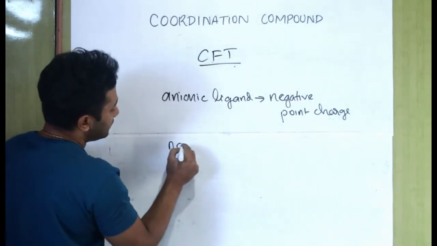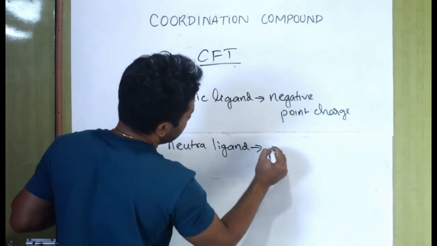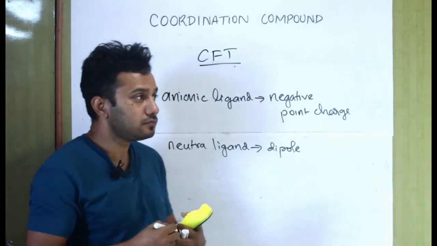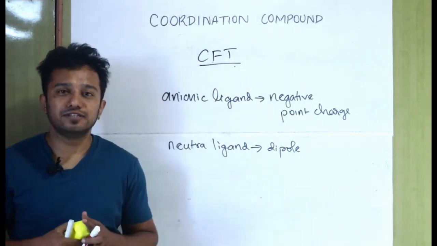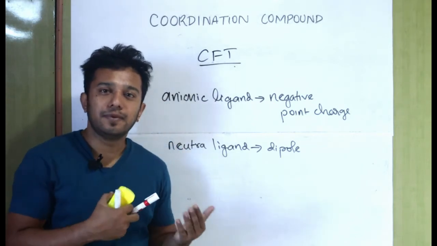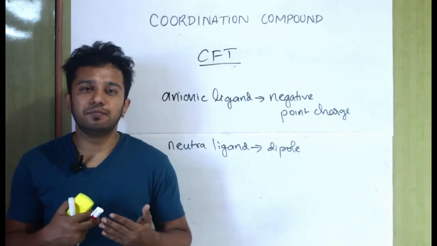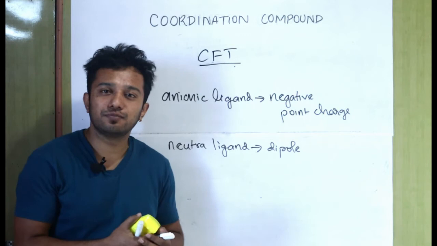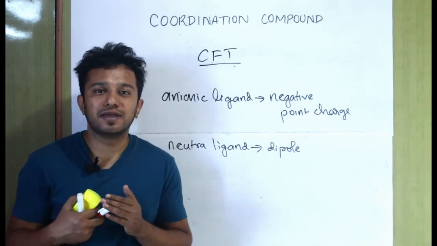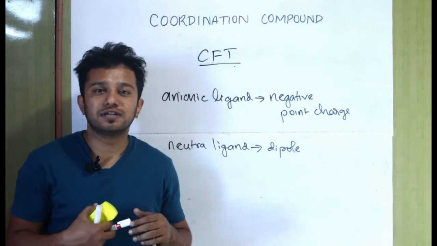If we have a neutral ligand, it will be a dipole. So what happens in crystal field theory is that the metal ion and the ligand form an ionic bond, which is mainly based on the electrostatic interaction between the metal ion and the ligand. Whereas in valence bond theory they form a covalent bond.